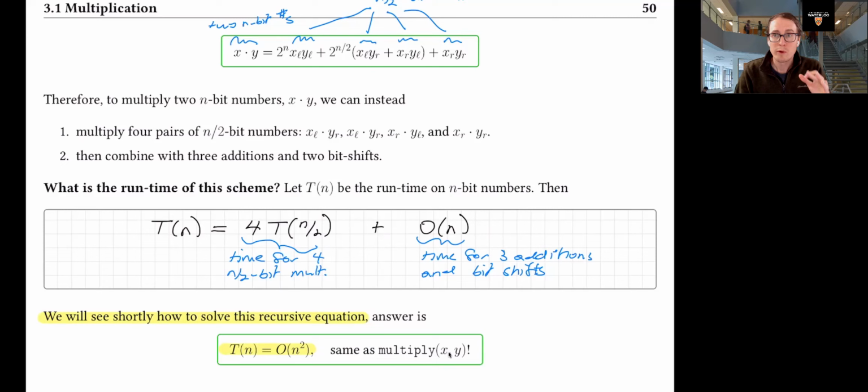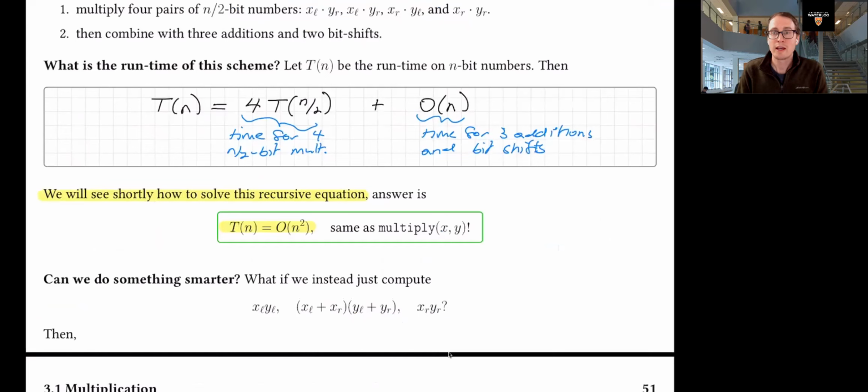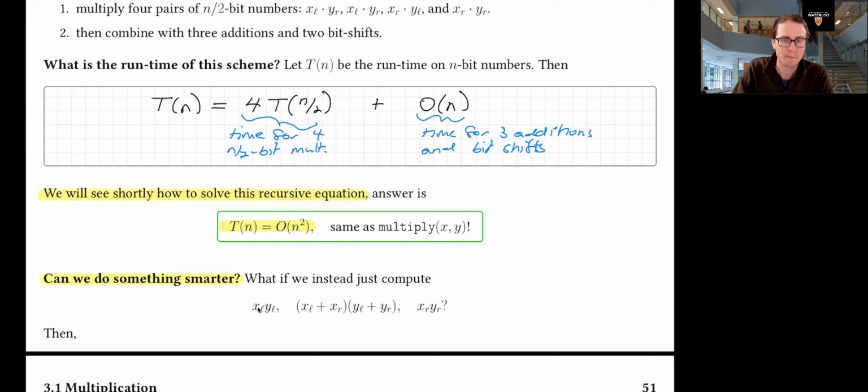However, we're actually onto something here, and we can do this a little bit better. So can we do something smarter? The answer is yes, and it relies on a kind of cool trick: what if instead of computing these 4 multiplications, I only compute 3?